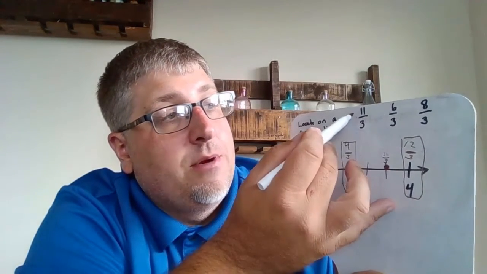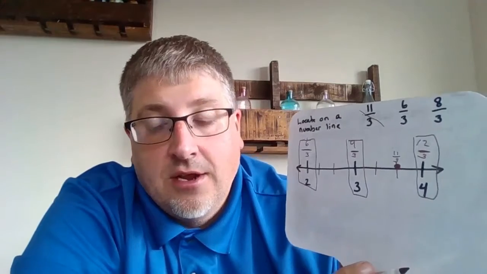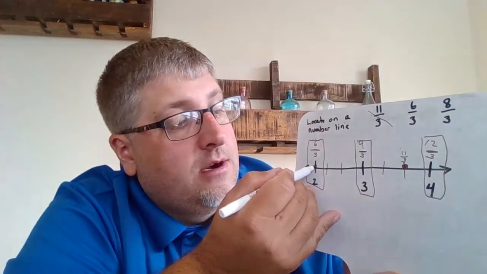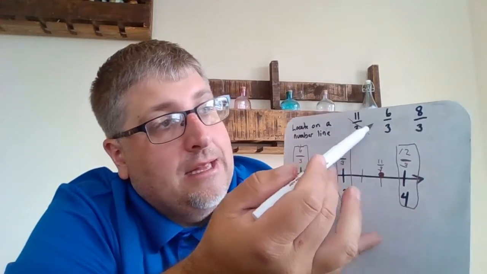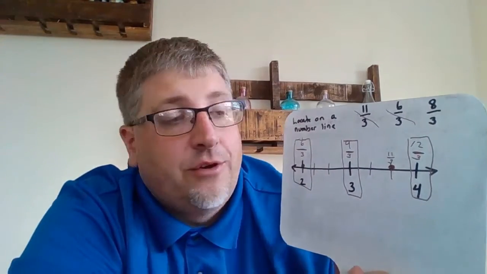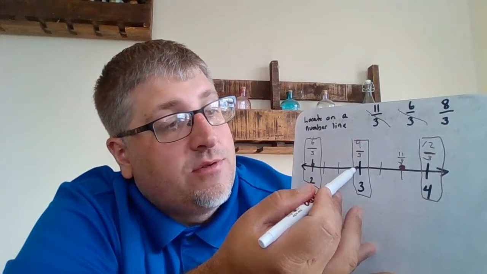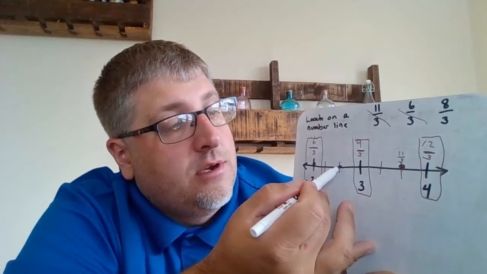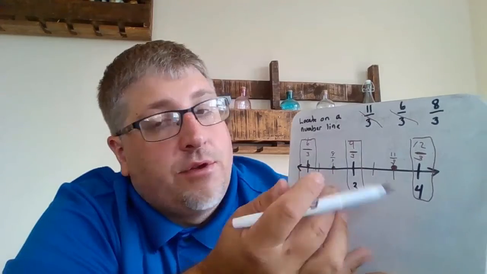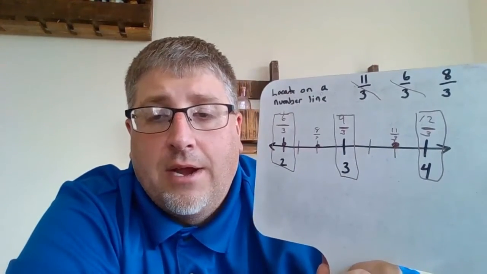I got that one knocked out. 6 thirds, that's one of our equivalent fractions. We can find that right away. We know that is right here on that plot line. And then our last number is 8 thirds. Here's 9 thirds right here. I can count backwards, and that would be 8 thirds on my number line.